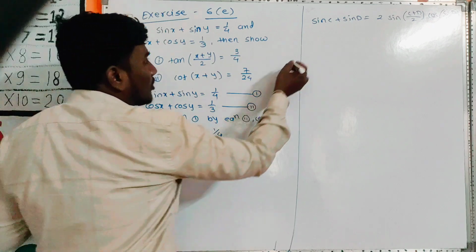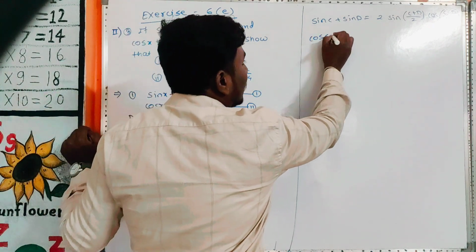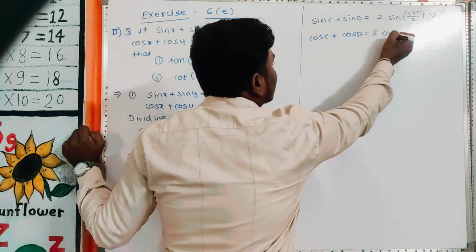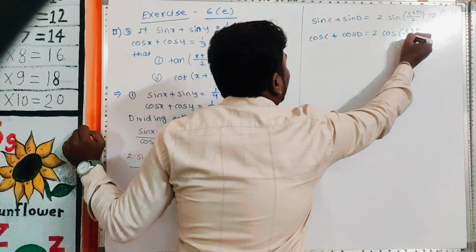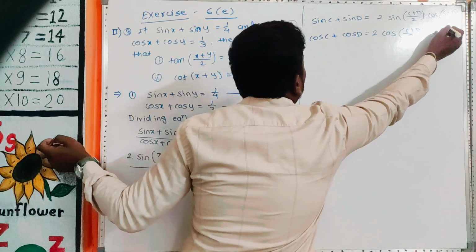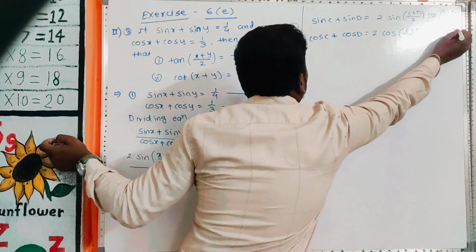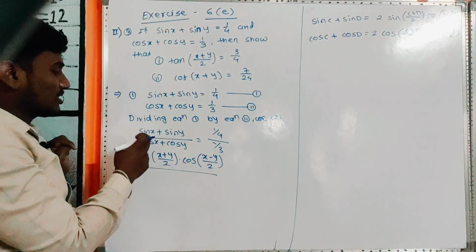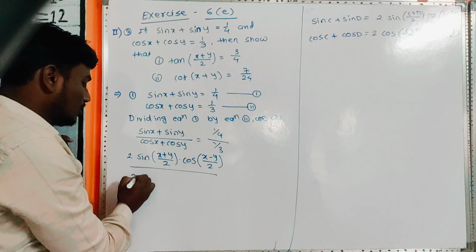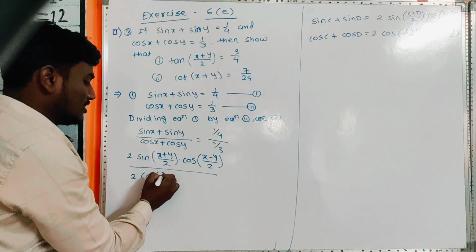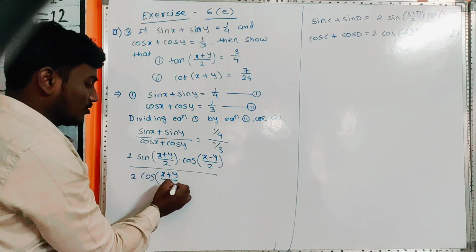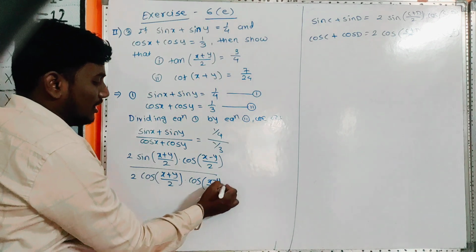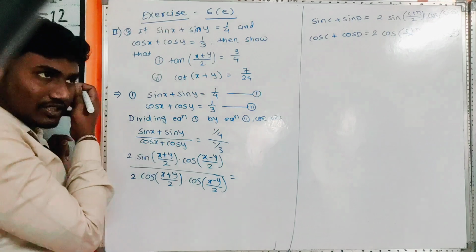Similarly you can use cos C + cos D is equal to 2 cos((C+D)/2) cos((C-D)/2). So substitute C as x and D as y: 2 cos((x+y)/2) cos((x-y)/2) is equal to, what is the RHS?